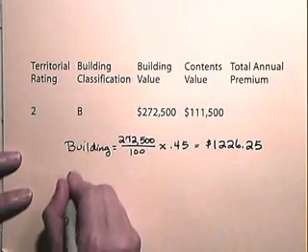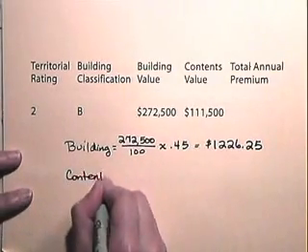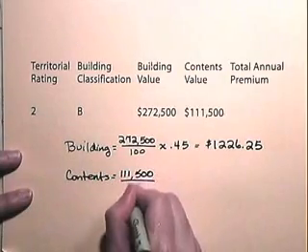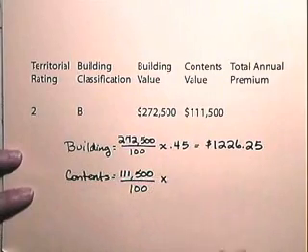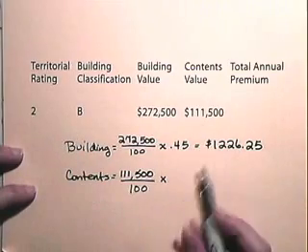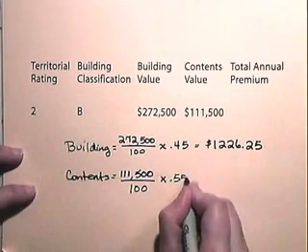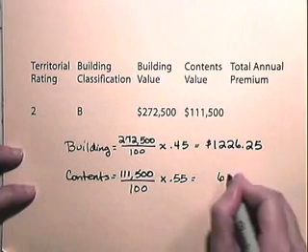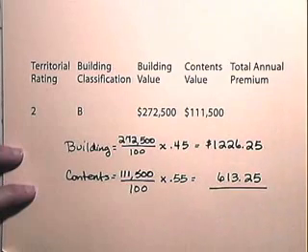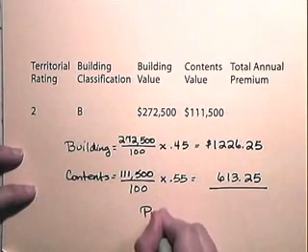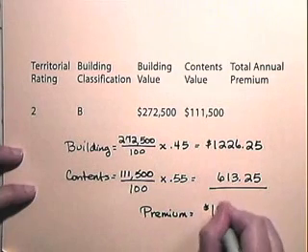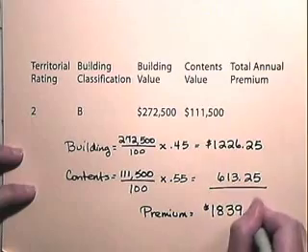The premium for the contents is $111,500 per 100 multiplied times the factor from the table, territory 2, classification B. That factor is 0.55. So we have $613.25. So our total annual premium will be the sum, which is $1,839.50.